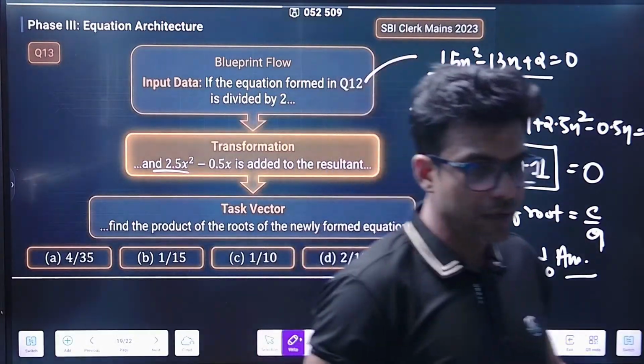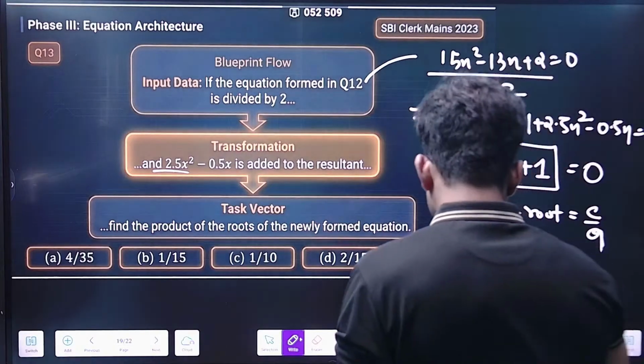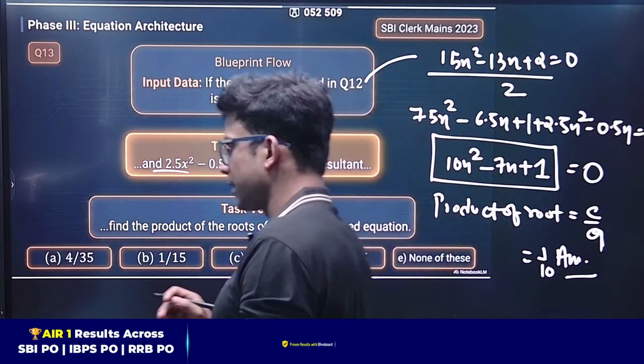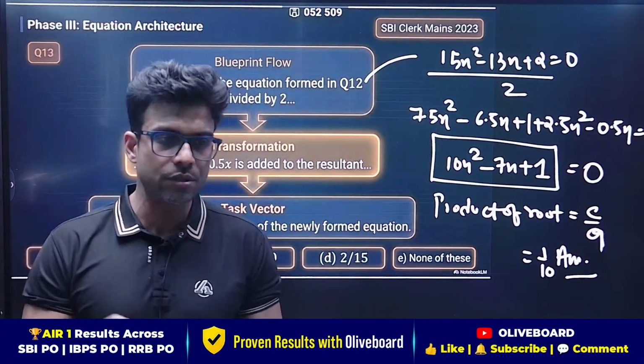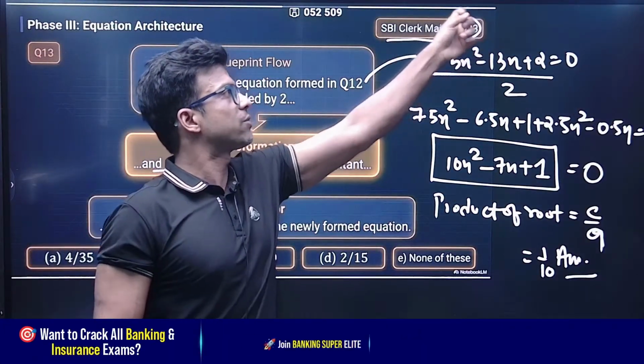So I think now you are watching and seeing what the level of questions we are discussing in the class. The agenda was quite simple. As I repeatedly say, we are here to discuss questions which have already been asked in the mains, SBI Clerk Mains 2023.